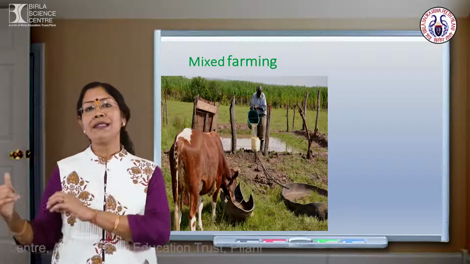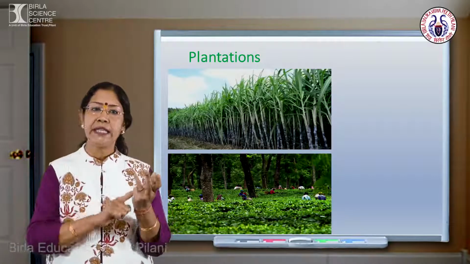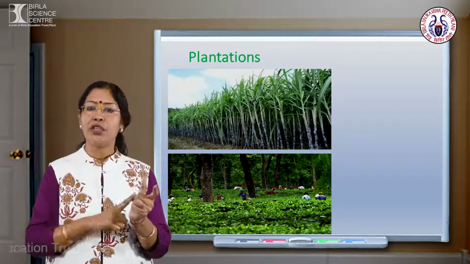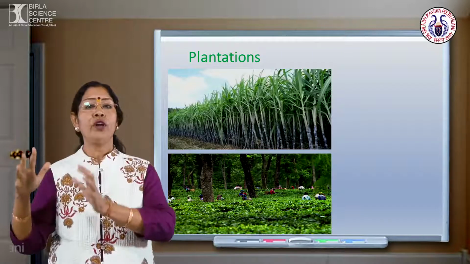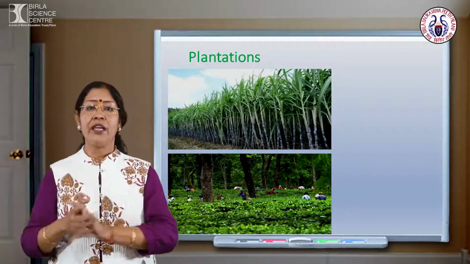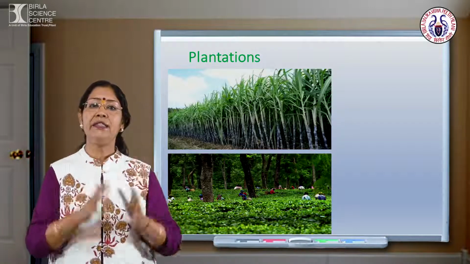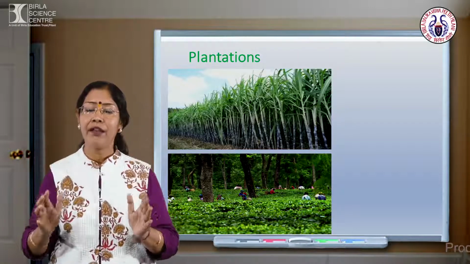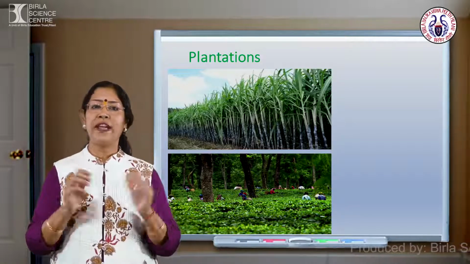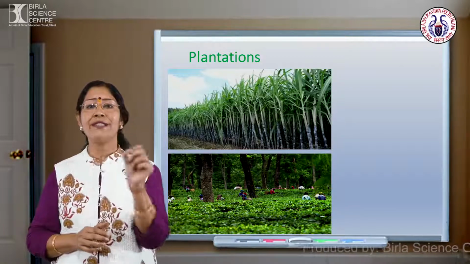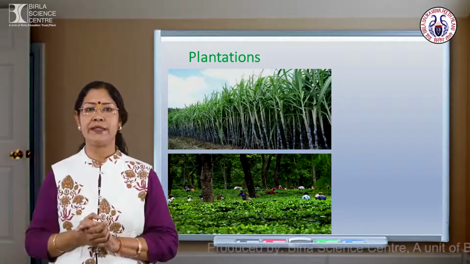The last one is plantation. Here the plantation crops like tea, coffee, cotton, sugar cane are grown for a large market. So in this farming, they need a large number of labor and huge capital. Generally, the factory that processes the output product of these farms is located in nearby places.